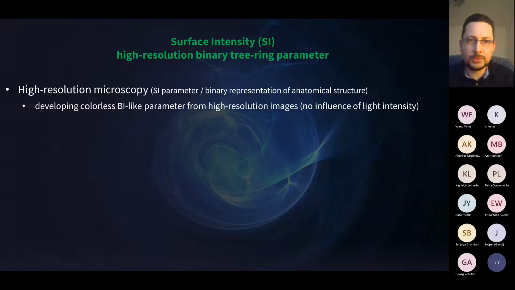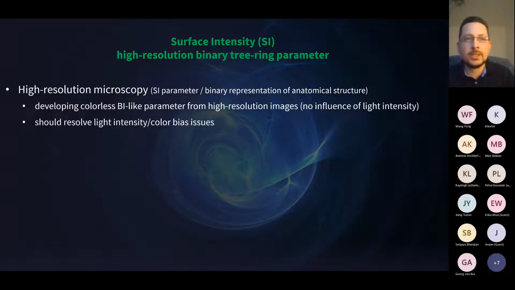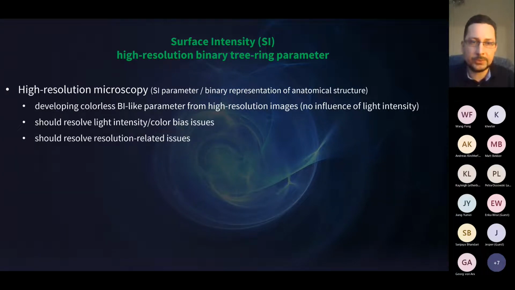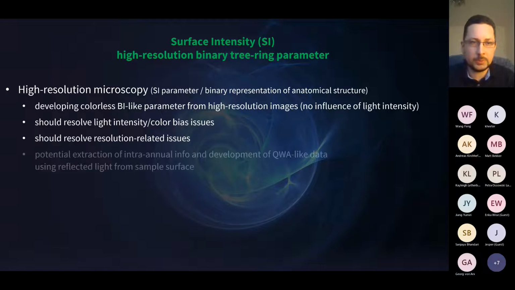In this way, we're able to develop a colorless blue intensity-like parameter from high-resolution images without any influence of differences in light intensity. So hopefully this parameter will allow us to resolve some of the light intensity or color bias issues that we experience with blue intensity. And hopefully it will also allow us to resolve some of the resolution-related issues, where scanner-based images simply don't quite cut it anymore.